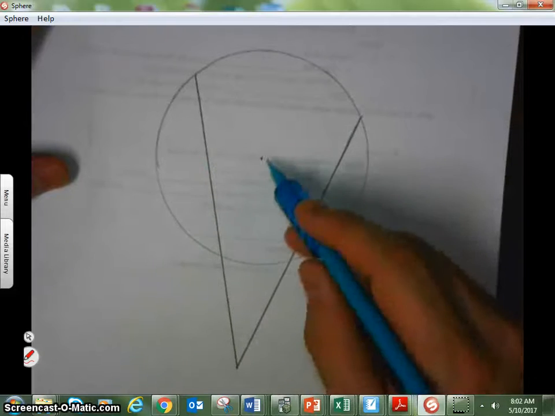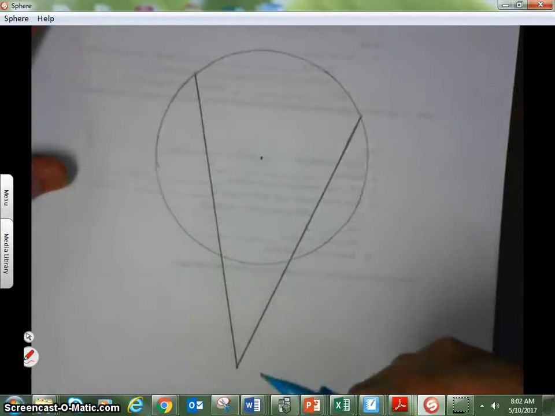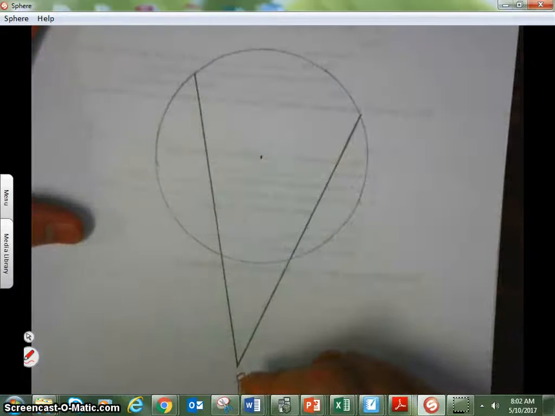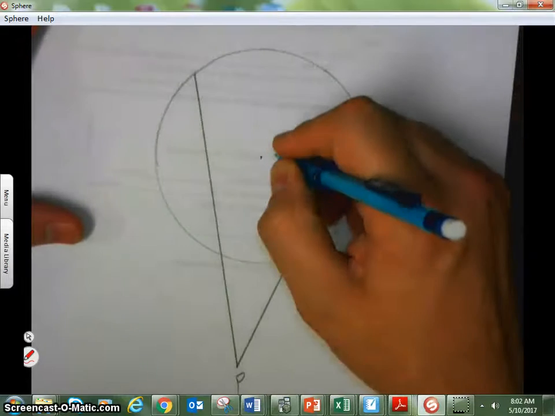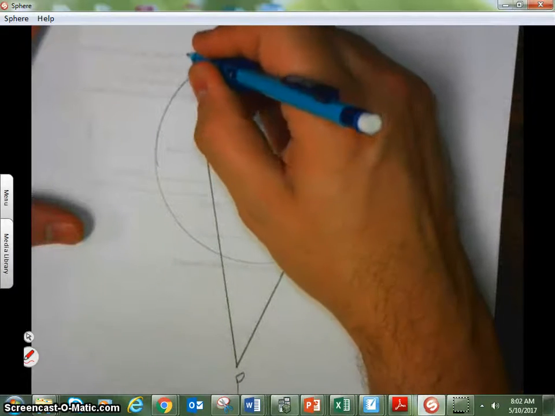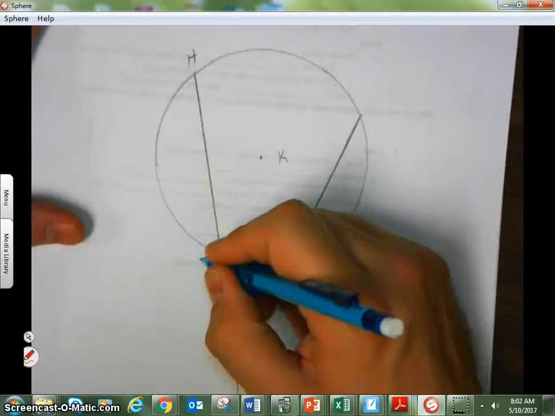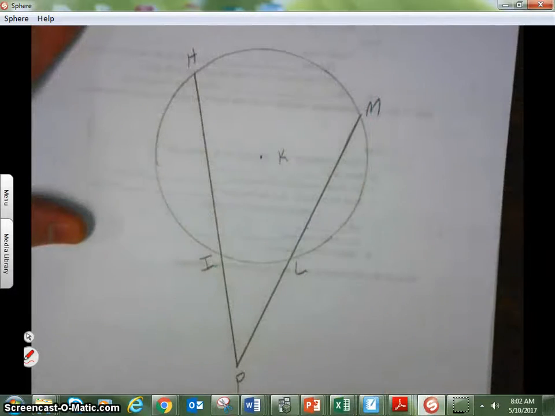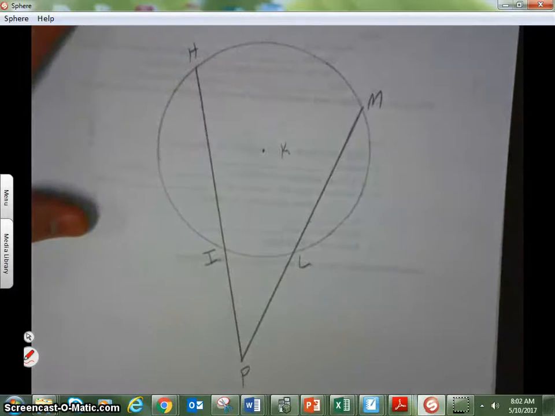You could make it closer to the center, further away from the center. But we have a secant segment here, and I'm going to call this point P. I'll call the circle K, and H, I, L, and M. So we have some points that we can use as reference.